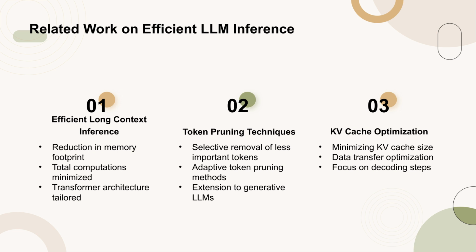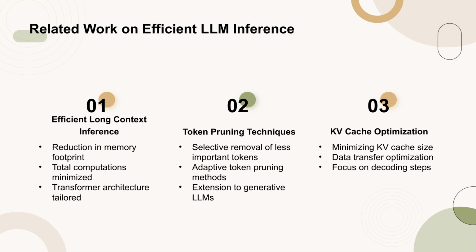The increase in the scale of large language models, LLMs, has led to enhanced performance but also introduced challenges in inference efficiency. To address these challenges, extensive work has been done to improve inference efficiency for long context applications. This includes reducing the memory footprint and total computations, as well as tailoring the architecture of the transformer for long context input.